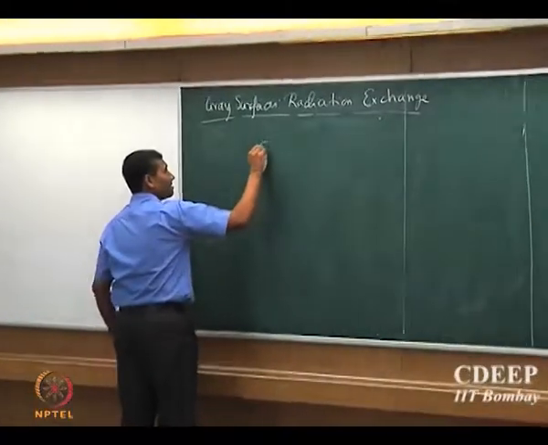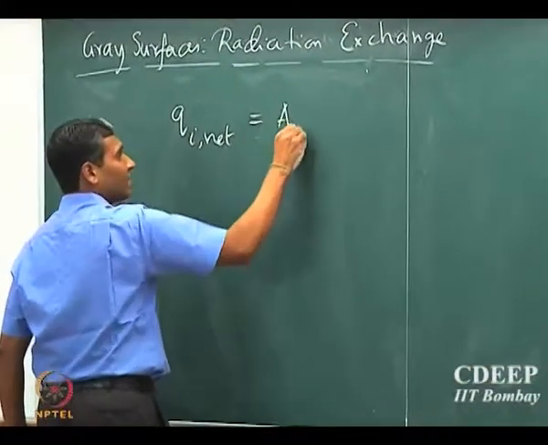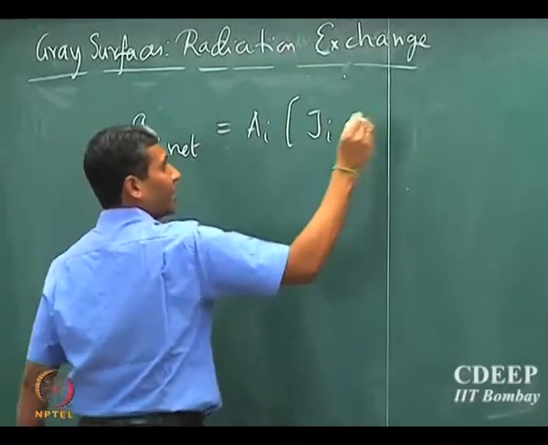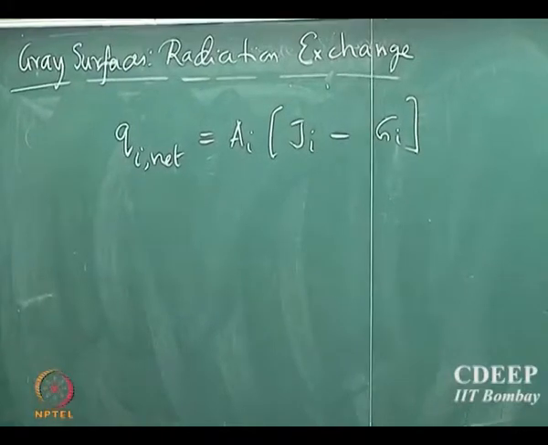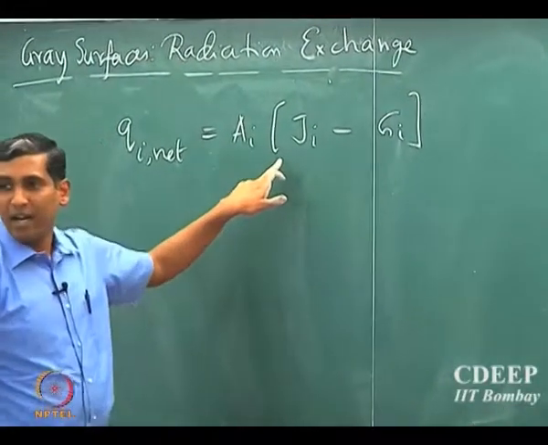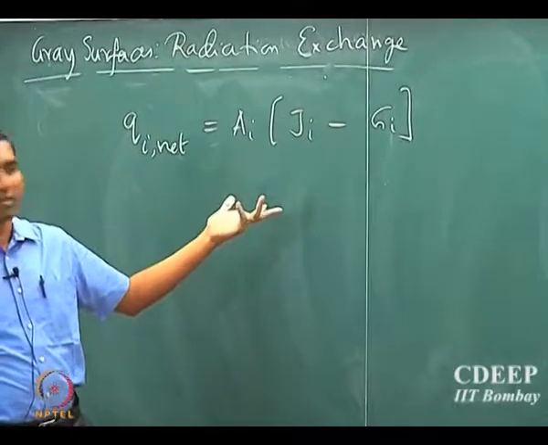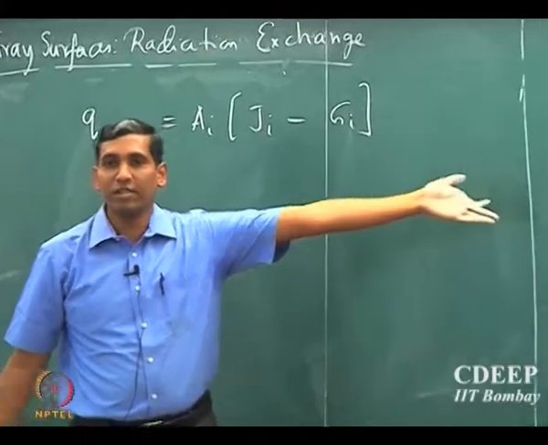So we said that Qi net is Ai into Ji minus Gi, right. So that's the net radiation exchange between whatever is incident and whatever is emitted by that surface. Now we know that Ai Gi is given by the summation that we just derived, okay.